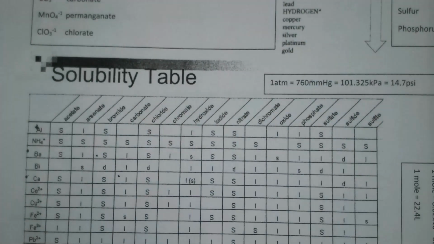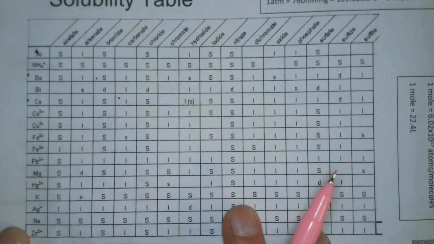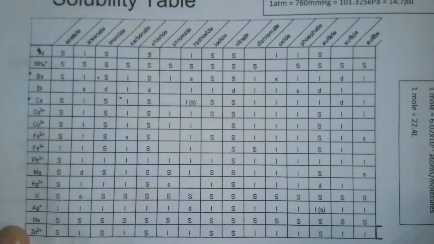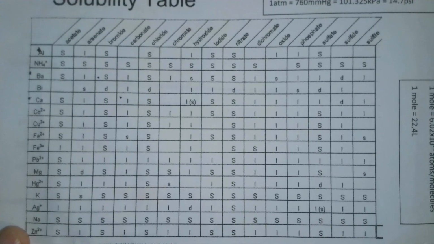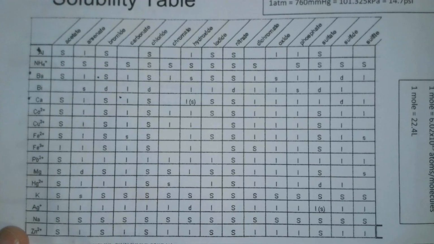Now we're going to move on to the solubility table. The solubility table is this thing here. It tells us whether something's going to be a solid or an aqueous solution. And the tricky part about this is the S in this table does not mean solid. The S in this table means soluble.